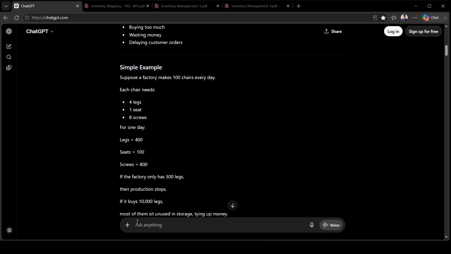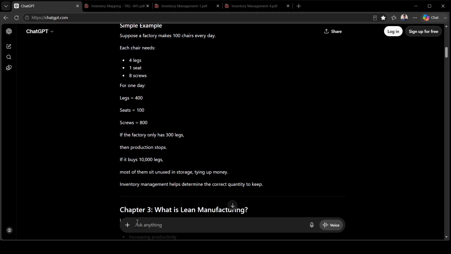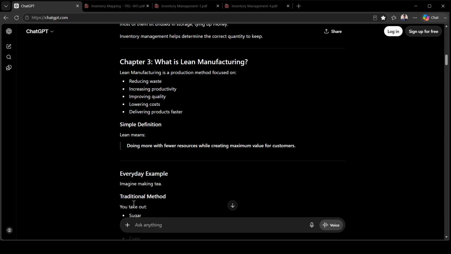If the factory only has 300 legs, then production stops. If it buys 10,000 legs, most of them sit unused in storage, tying up money. So inventory management helps determine the correct quantity to keep.